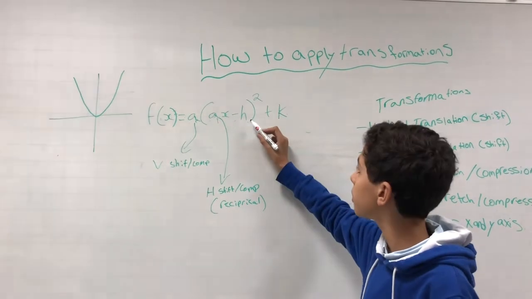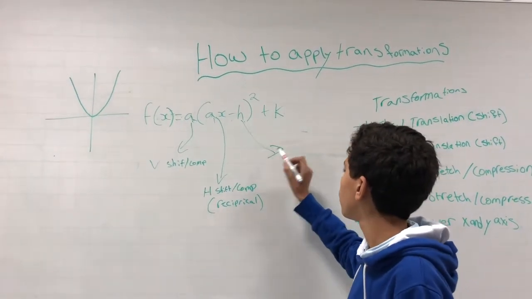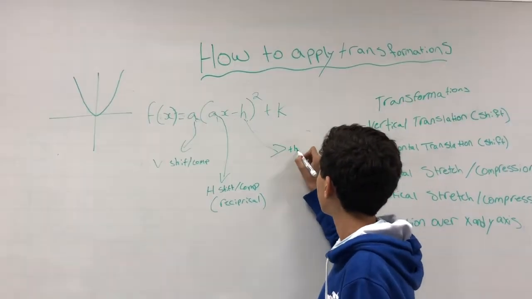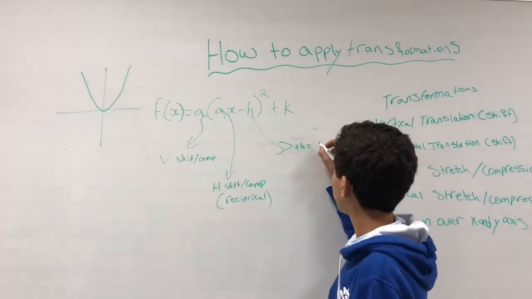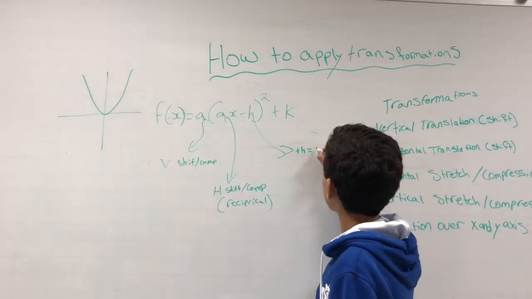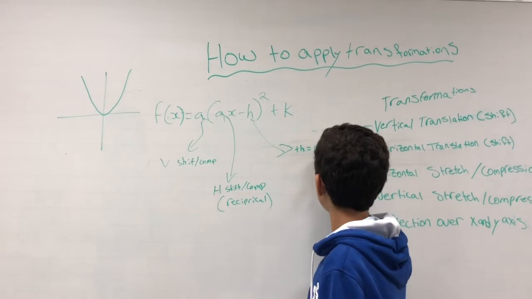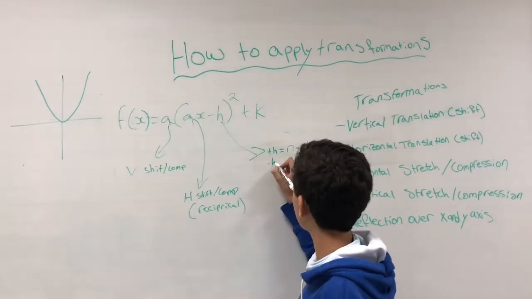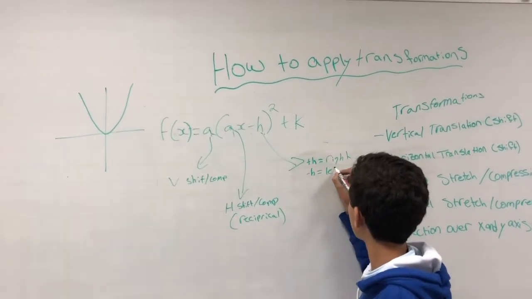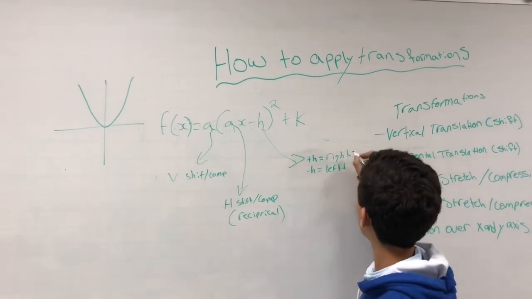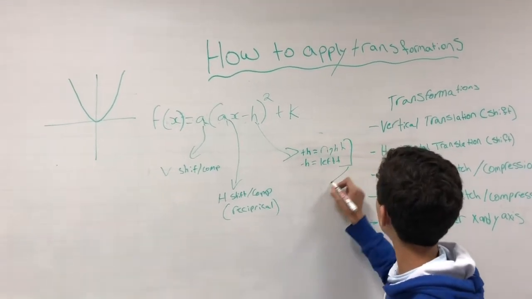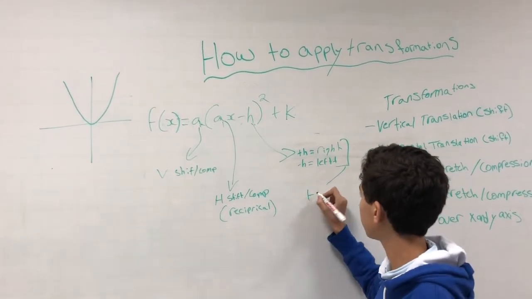And now let's start with this h value over here. So if h is positive, you move to the right. If h is negative, you move to the left. And this is all on the horizontal axis.